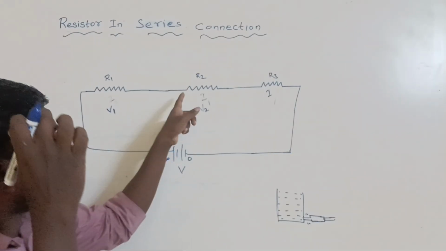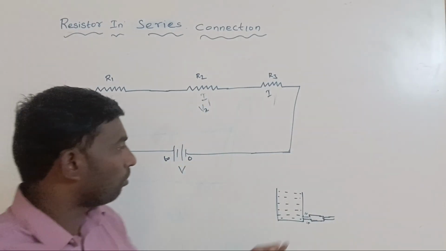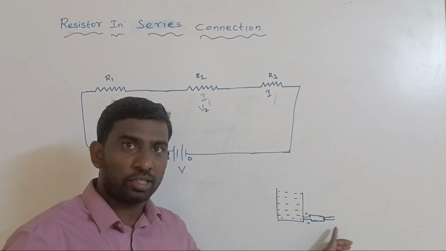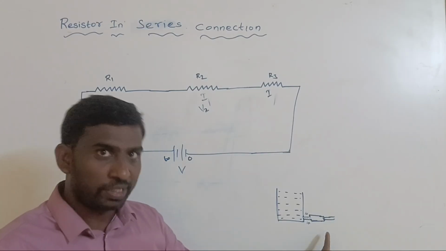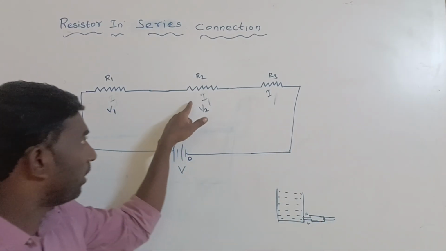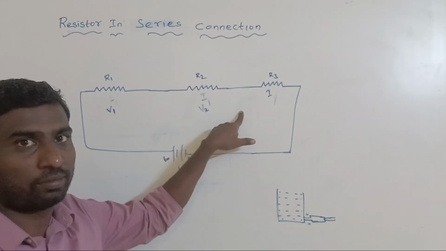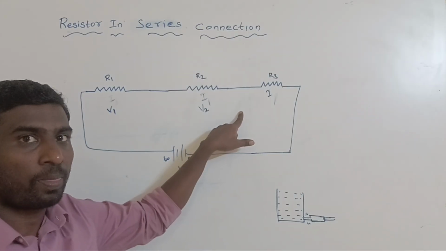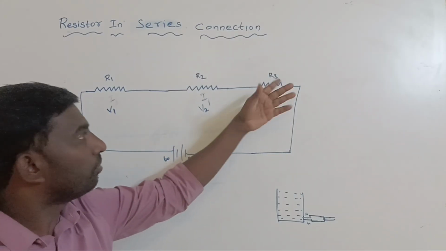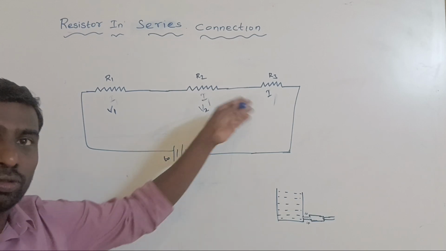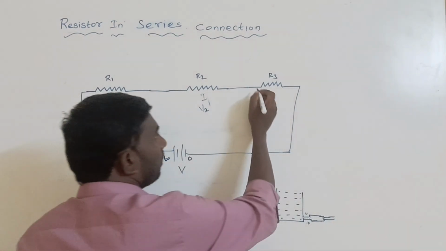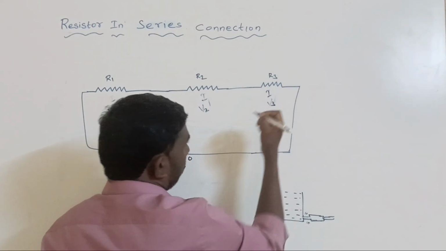But the same current is flowing. Here the water is going the same, the same current is flowing, but the speed is decreased, so in a similar way the voltage is decreased. Here if it is 3 ohm, it goes even slower. Here there is V3.